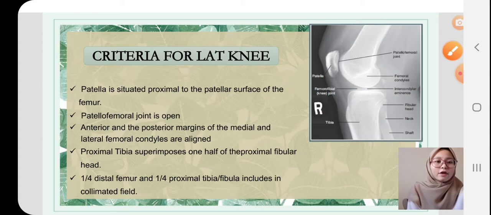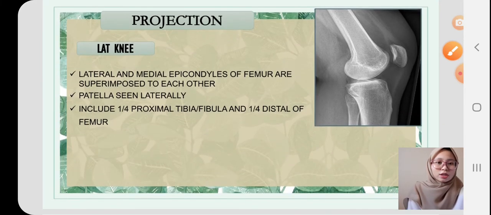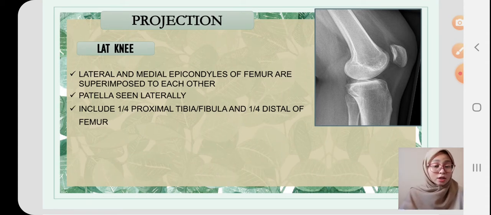Okay, next is evaluation of the projections. This is the projection of the lateral knee. Why? I say so because the lateral and medial epicondyles of the femur are superimposed on each other, which is aligned with each other, and the patella is seen laterally, and lastly, 1/4 of the proximal tibia and fibula and 1/4 of the distal femur are included within the exposure field.